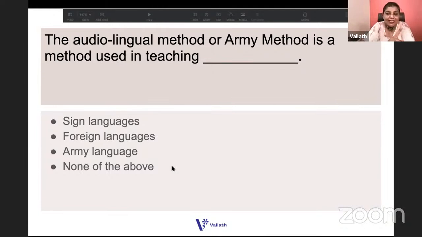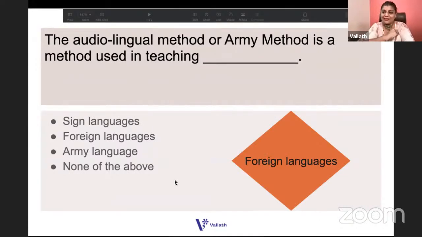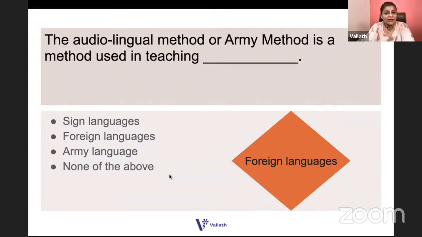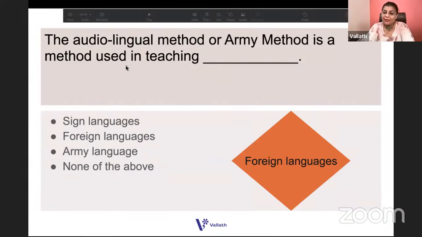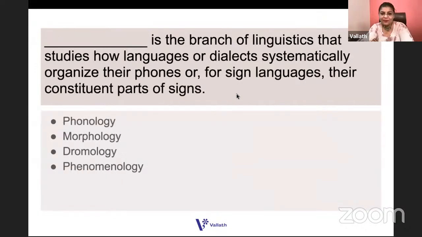I am telling you, you can use this method in your classroom. So it is foreign languages. Foreign languages can be taught through the audio-lingual method, also called the army method.